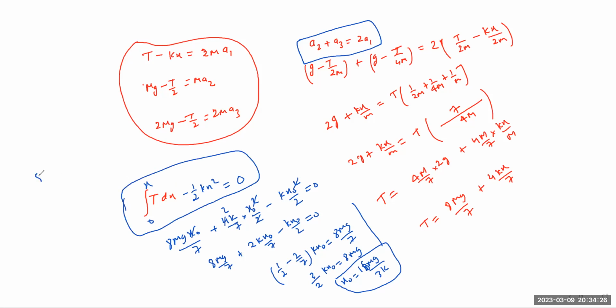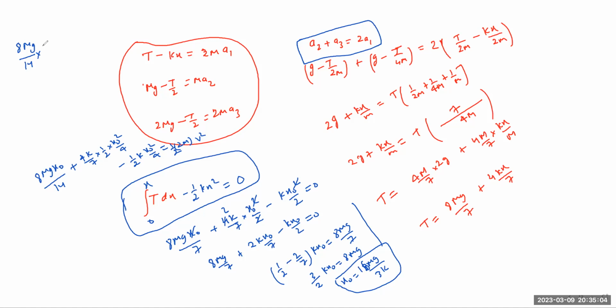You can write 8 mg x naught by 2 plus 4k by 7 into x naught by 2 whole square by 2, which is 1 by 2 into k by 4, minus 1 by 2 k by 4 equals half 2m v square. Can you solve this part?